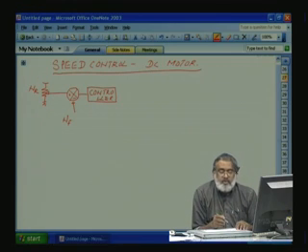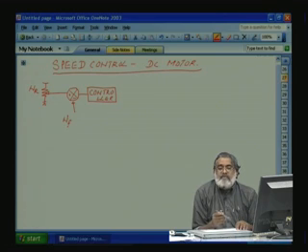What should this controller do? The controller output will vary whenever there is a mismatch between the speed reference and the speed feedback, and we are controlling the DC motor. So how are we controlling the DC motor speed? We are controlling the armature voltage, the input voltage, through a converter.